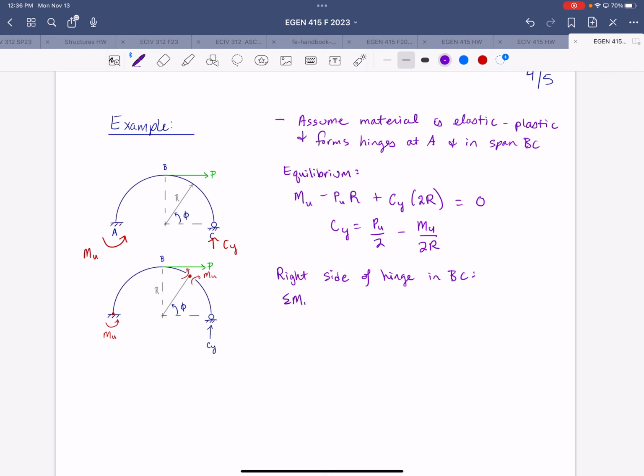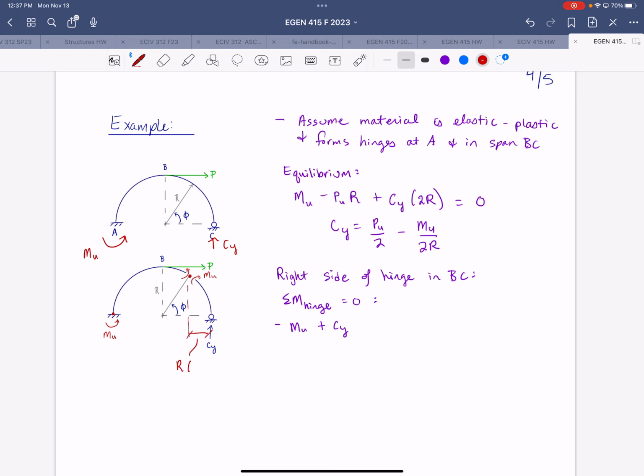If we sum moments about the hinge, then we have negative Mu plus Cy times its moment arm to the hinge, which is this distance here.